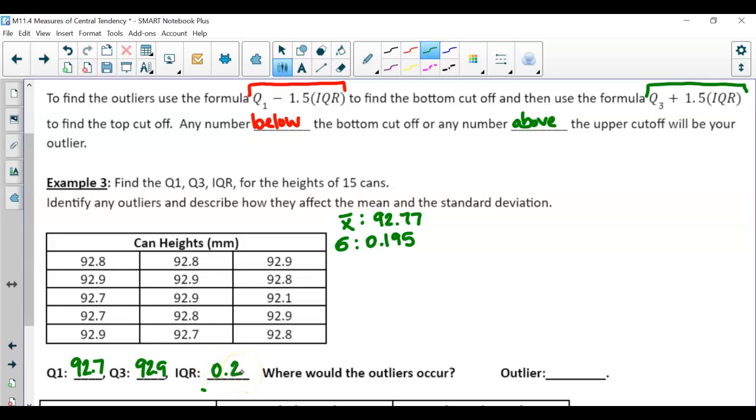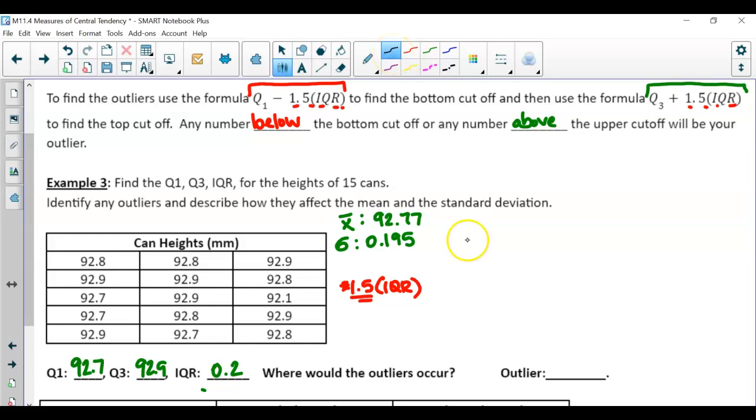So now here's how we're going to calculate. Here, my suggestion is no matter what, the key value is 1.5. That is what you multiply the IQR, right? No matter what, you are multiplying 1.5 to the IQR, the interquartile range.